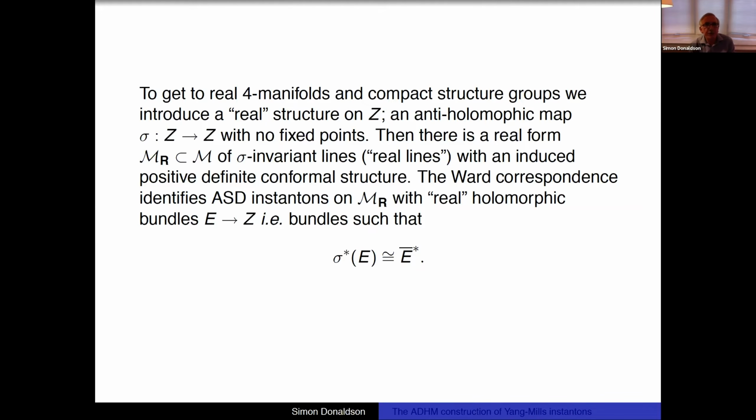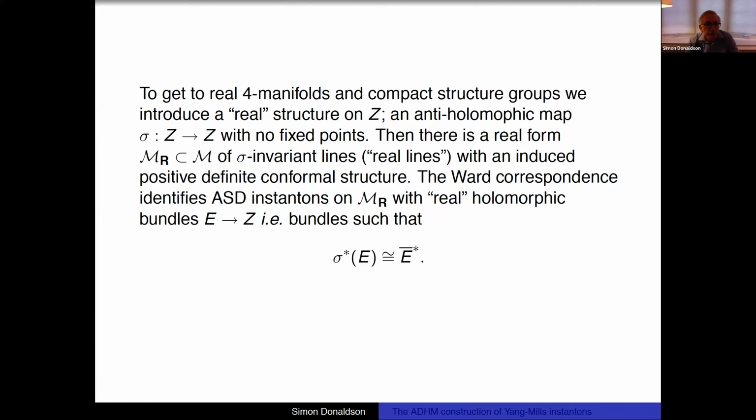Then, although there are no fixed points, we can look at fixed lines, sigma invariant lines. On each such line, sigma will just be the antipodal map on the two-sphere, which is anti-holomorphic and has no fixed points. Then our complex conformal structure restricts to the four-real-dimensional manifold of sigma invariant lines to give a positive definite conformal structure.